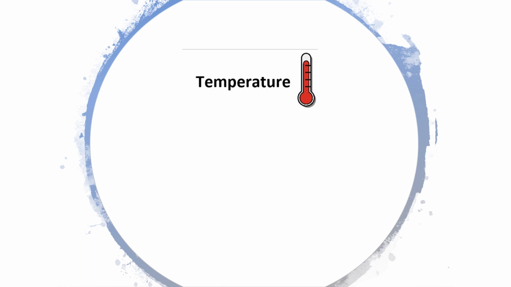Temperature. Celsius is given in terms of C. That is the one we use the most often in science in general. Fahrenheit is what we see in our usual weather forecast, general day-to-day.